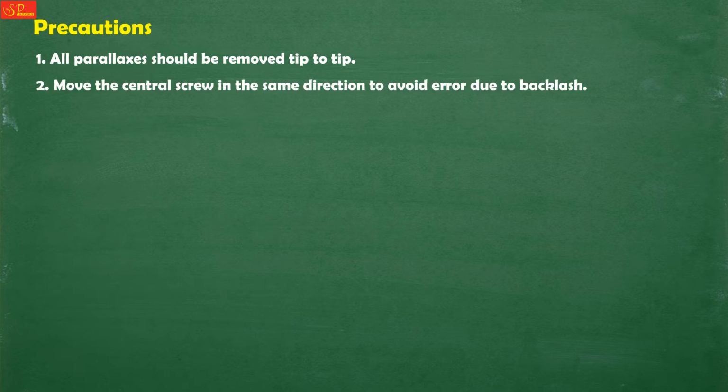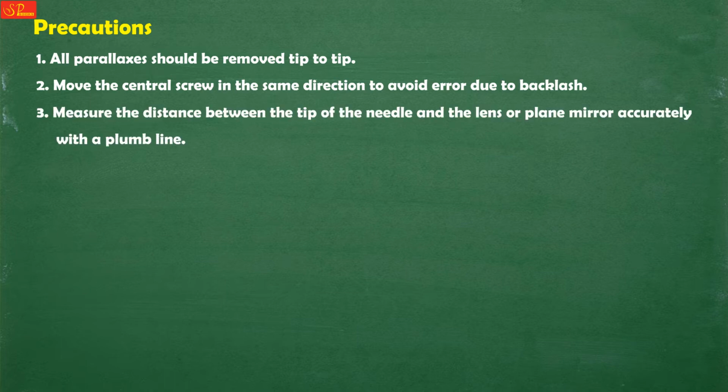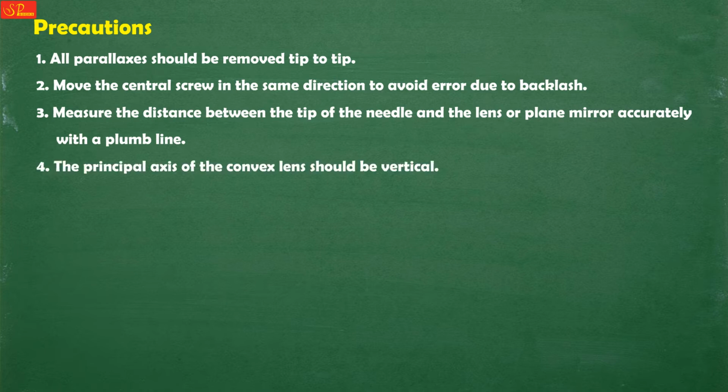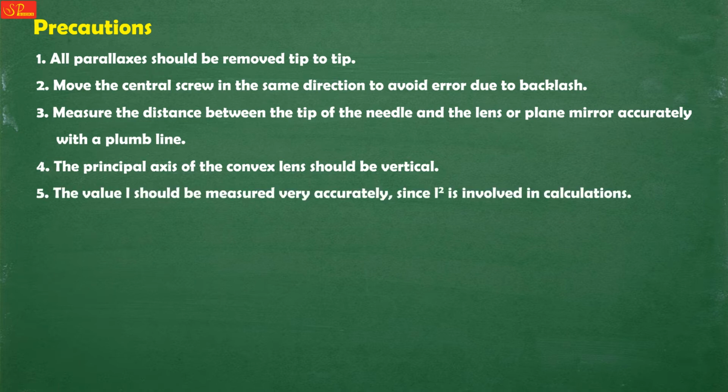Precautions: parallax should be removed tip to tip. Move the central screw in the same direction to avoid error due to backlash. Measure the distance between the tip of the needle and the lens or plane mirror accurately with the plumb line. The principal axis of the convex lens should be vertical.